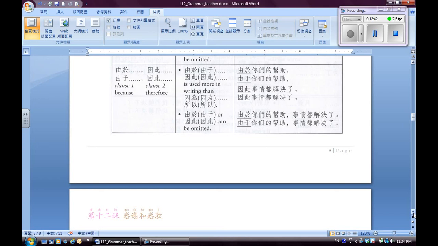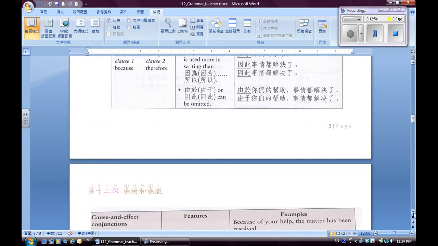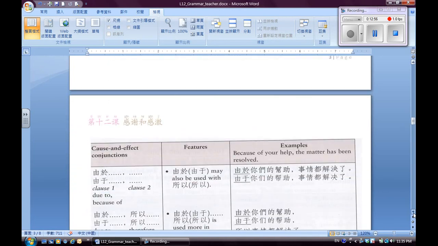Or you can say 由于你们的帮助 and then drop the second conjunction. 事情都解决了, the matter has been resolved. Okay, 由于因此. Move on to the next one.